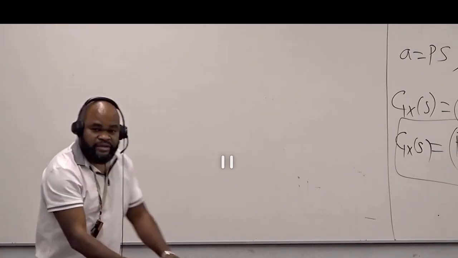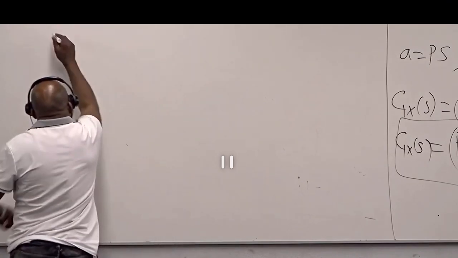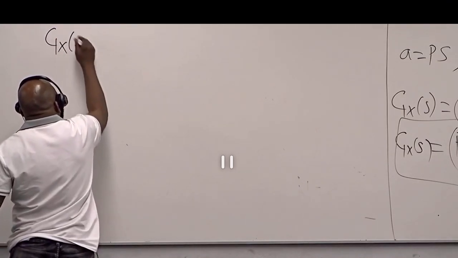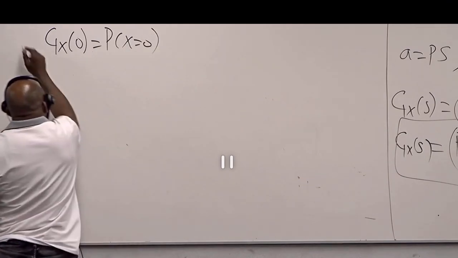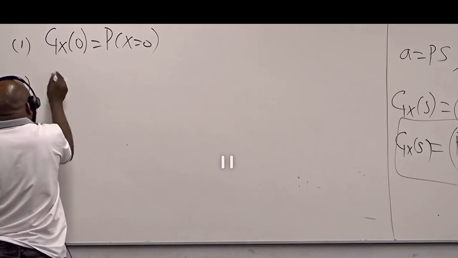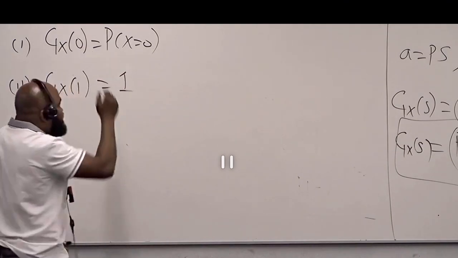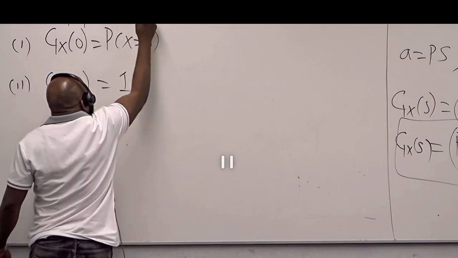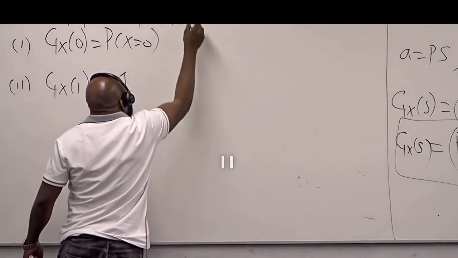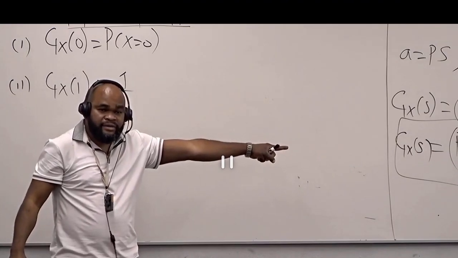Don't forget, what did they tell us about the properties? We're told that G of 0 is the same thing as this, right? That is number one. Number two, G of 1 is equal to 1. These are properties of a PGF.